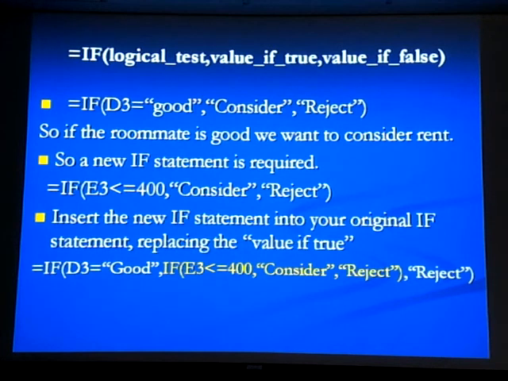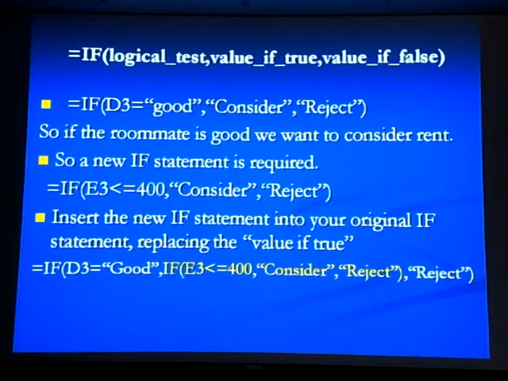We will now insert the new if statement for rent into our original if statement. The rent if statement will be inserted in place of the value if true component of the original if statement. Once again, make sure to use quotation marks correctly and separate components with commas and no spaces. Using this new nested if statement, Excel will first test if the roommate is good.